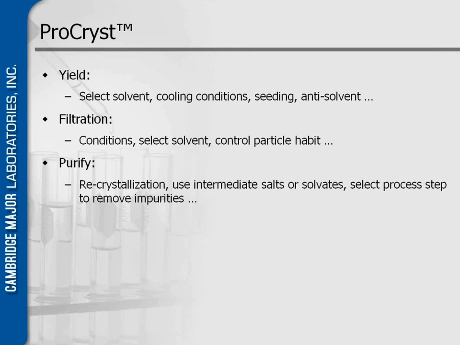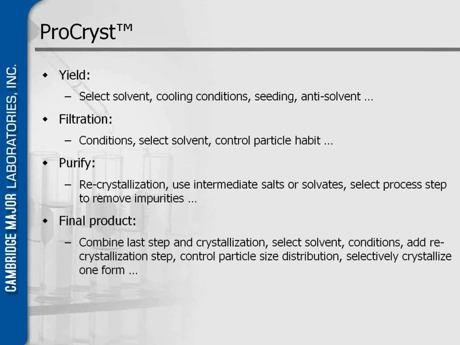For an intermediate, it is not important what the form actually is. If it is stable for years, no, you just want to have a purification step and immediately go on with the process. So select the process step in which you can remove these impurities as easily as possible.